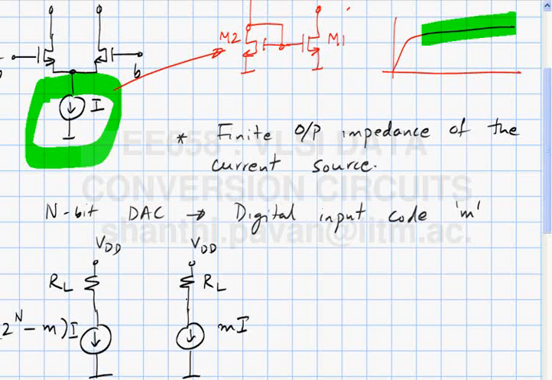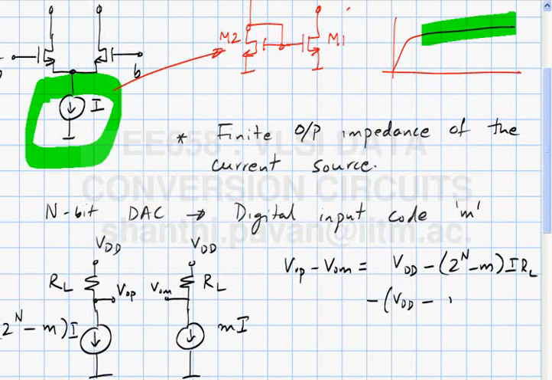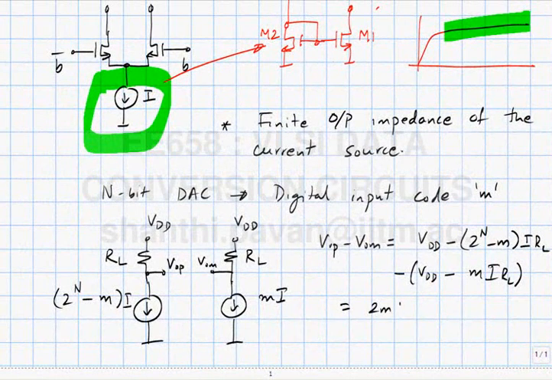So the differential output is nothing but VDD minus 2 to the n minus m times I times RL, minus VDD minus m times I RL. It is 2m I times RL minus 2 to the n I times RL.